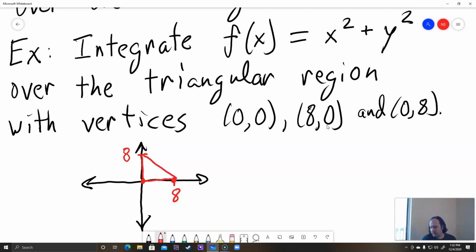Okay, and I think you can do these with either horizontal or vertical cross sections. I think I'm going to do this one with vertical cross sections, but you can also do horizontal. So I'm just going to choose vertical. Okay, so vertical cross sections.